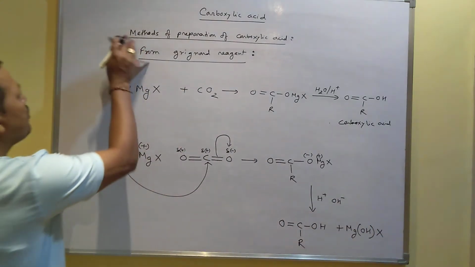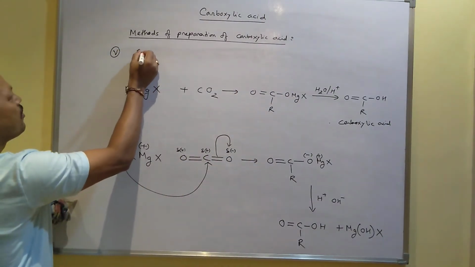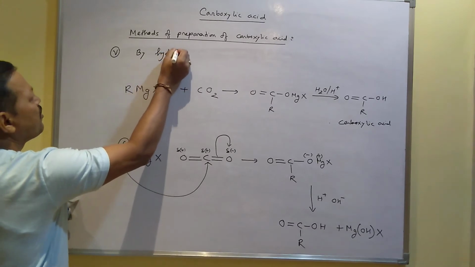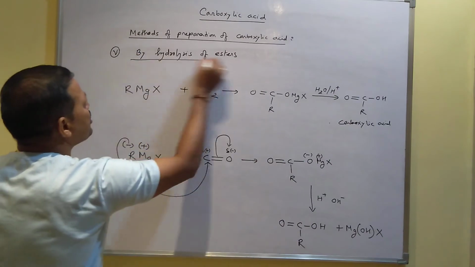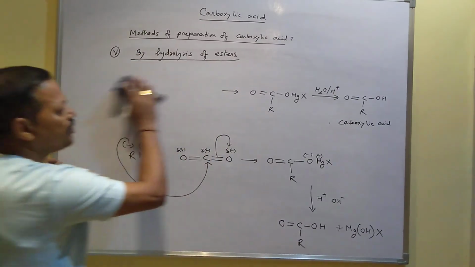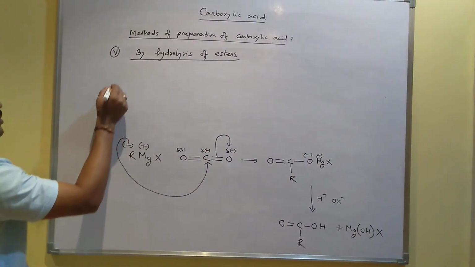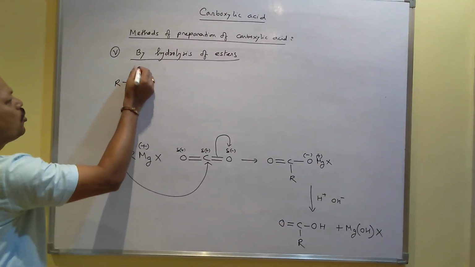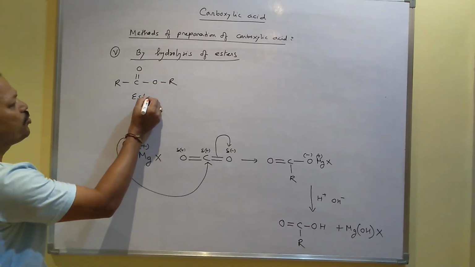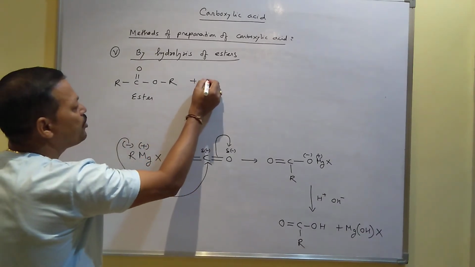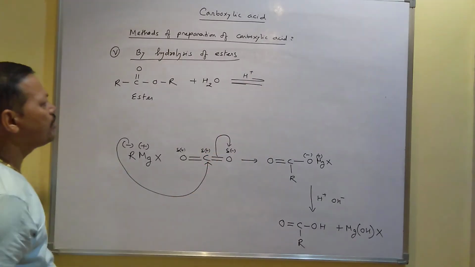Number 5 method, by hydrolysis of esters. You know ester? Ester is a sweet smelling organic compound. Ester is like this, RCOOR. COOR is called the ester functional group. When you do hydrolysis, I mean addition of water in presence of acid, this reaction is reversible.